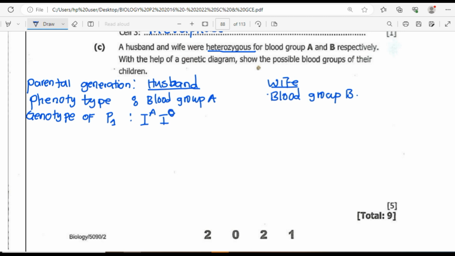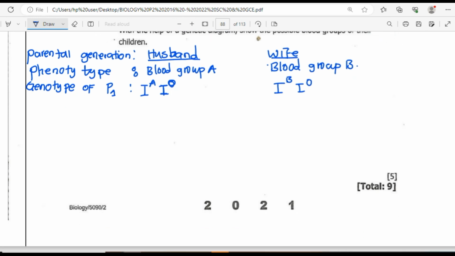Don't worry about the letter I. The focus is that if the language is heterozygous for A, then it's AO. Heterozygous for B will be BO. So that's the pattern here.